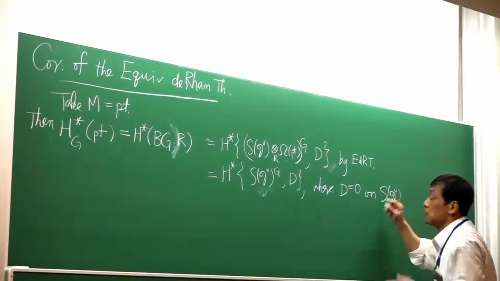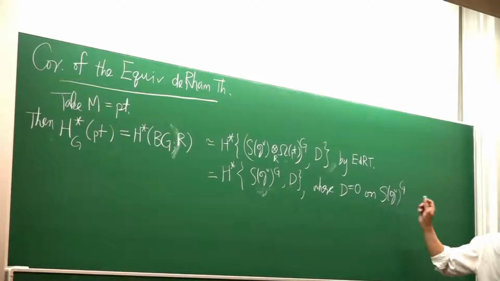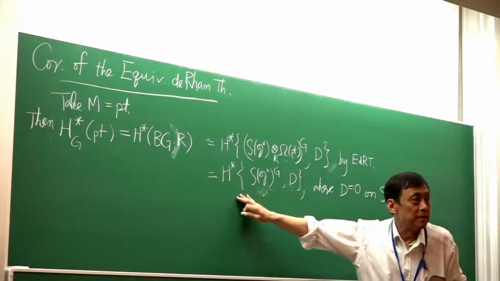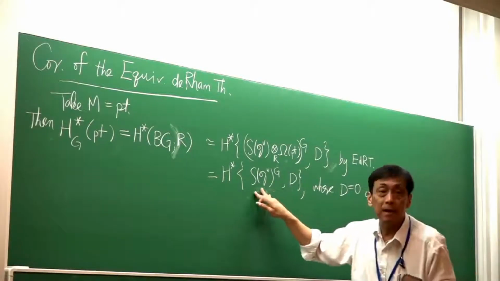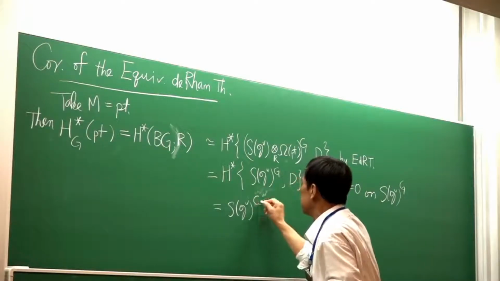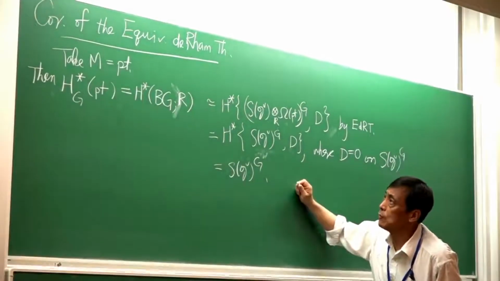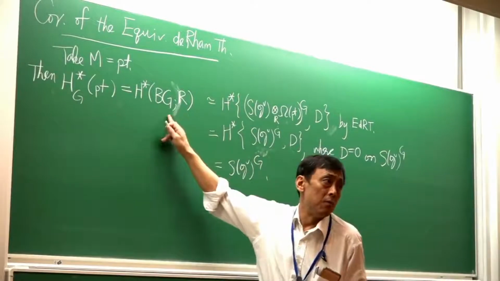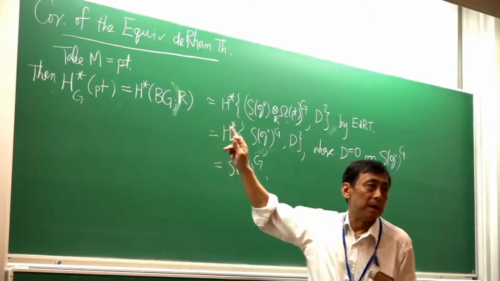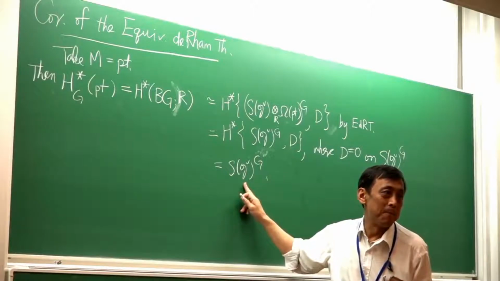If it's 0 on the polynomials, then it's 0 on the invariant polynomials, because the invariant polynomials are polynomials. Okay? And so the cohomology is just the complex itself. So it's just the invariant polynomials. So we have this result that the cohomology of the classifying space of a compact connected Lie group is just the invariant polynomials.